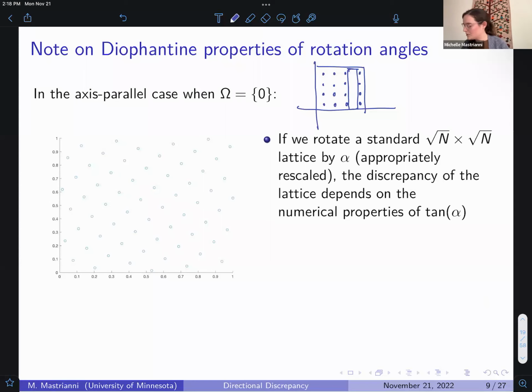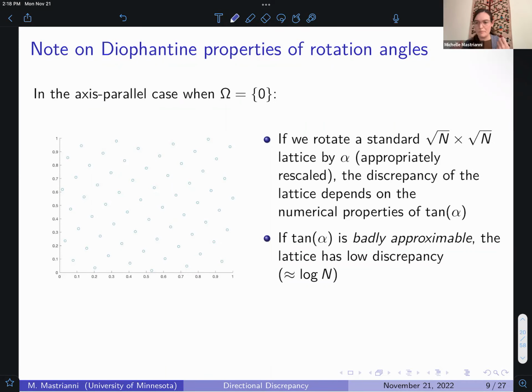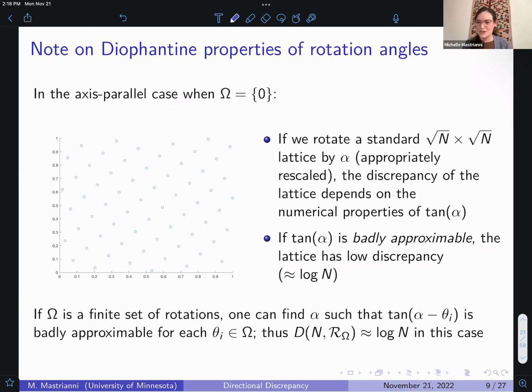But if you take some angle where the tangent is badly approximable, so in some sense it's far away from every rational number, then the resulting lattice is going to have low discrepancy. And the heuristic explanation of that is that these axis parallel boxes are going to miss the lattice at all the right places.